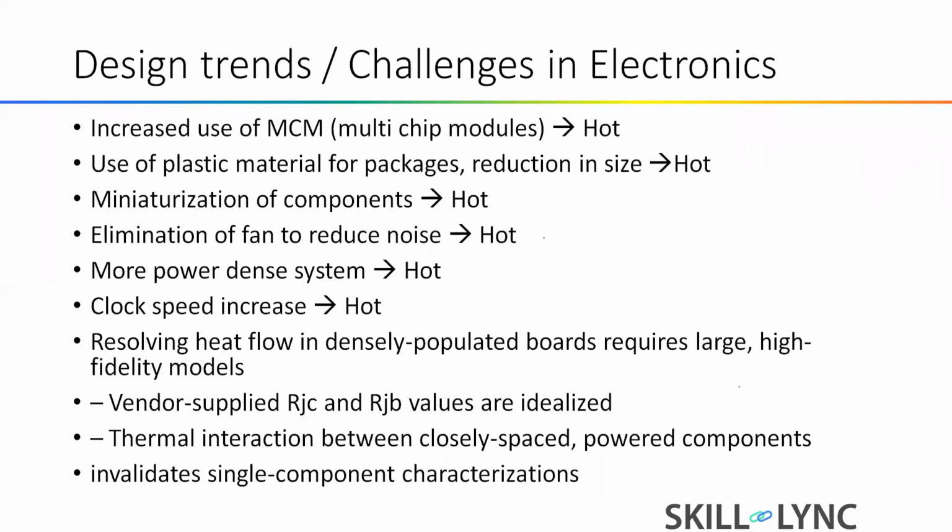We also design the equipment as more power-dense systems, and we get problems. As I told, processing speed increases, so we get devices hot. These are the trends of the last 10 years, and even in future we are going to see these trends, and then we get all the challenges related to thermal issues.